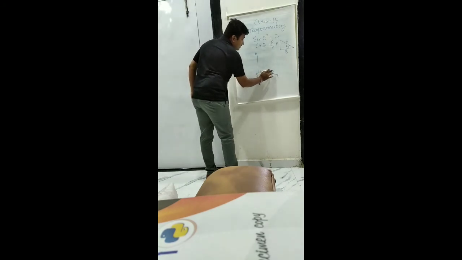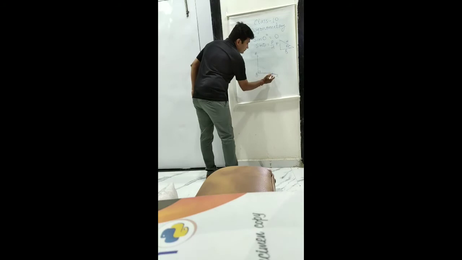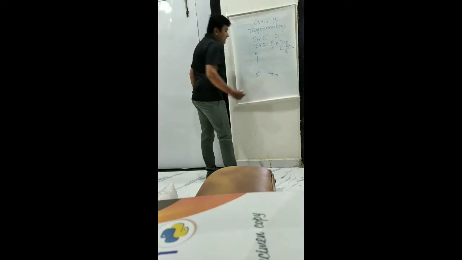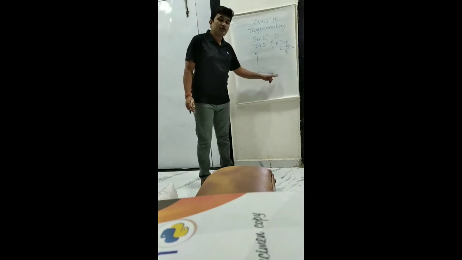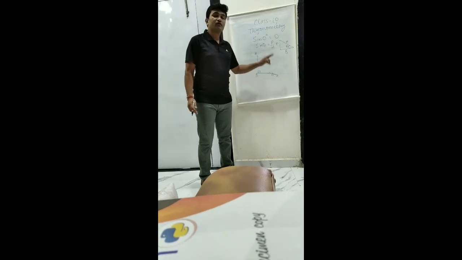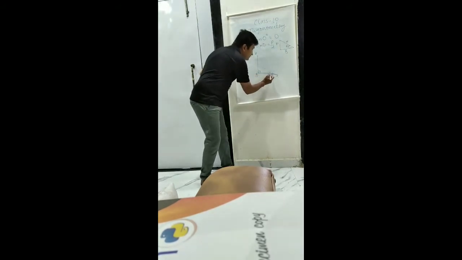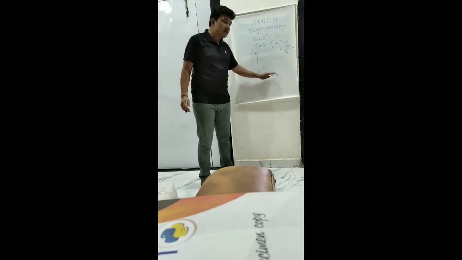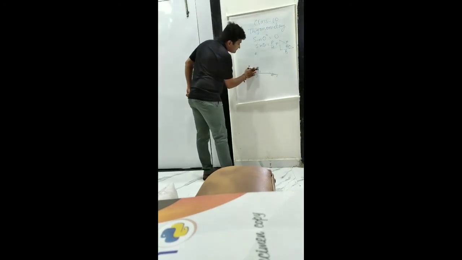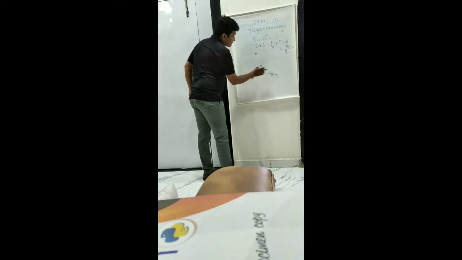A 0 degree angle means that both arms of the angle are coinciding, lying on each other. So because of this 0 degree angle, hypotenuse and base both coincide, and because of this the perpendicular is becoming 0.